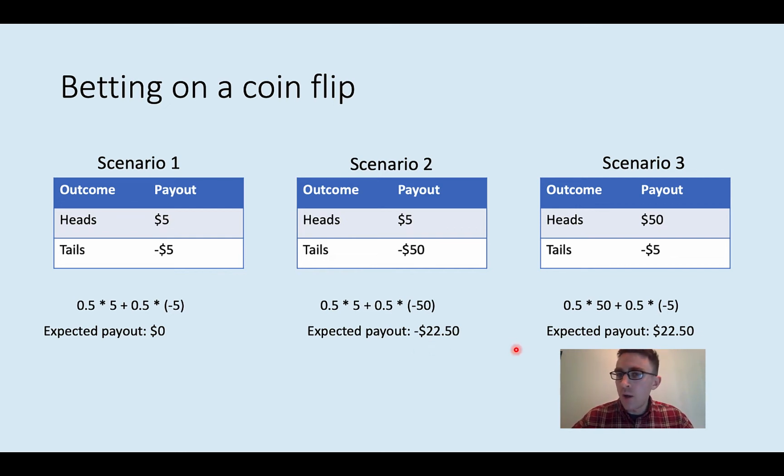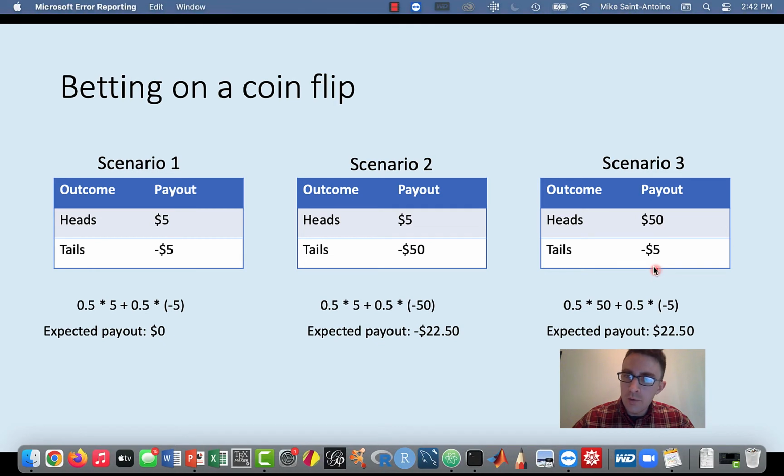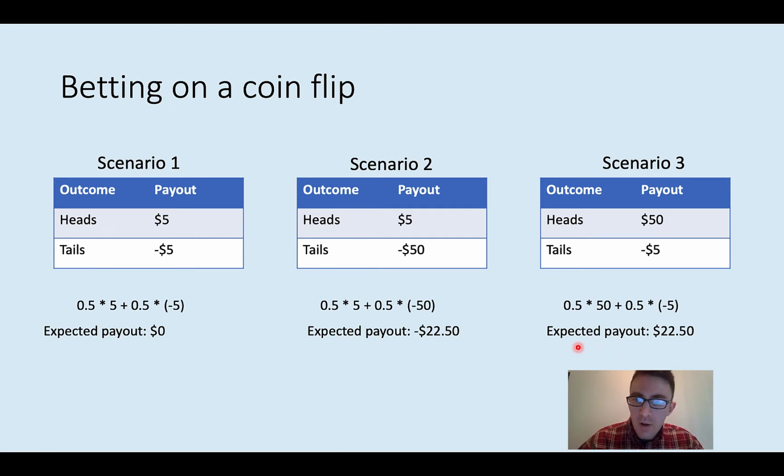For scenario 3, we do the same thing again. It's 0.5 times 50, because if it's heads we win $50, plus 0.5 times -5, because we're losing $5 if it comes up tails. When we do that calculation, we have a positive expected payout. That's what we mean when we say something is a good bet or a favorable bet: it has a positive expected payout.